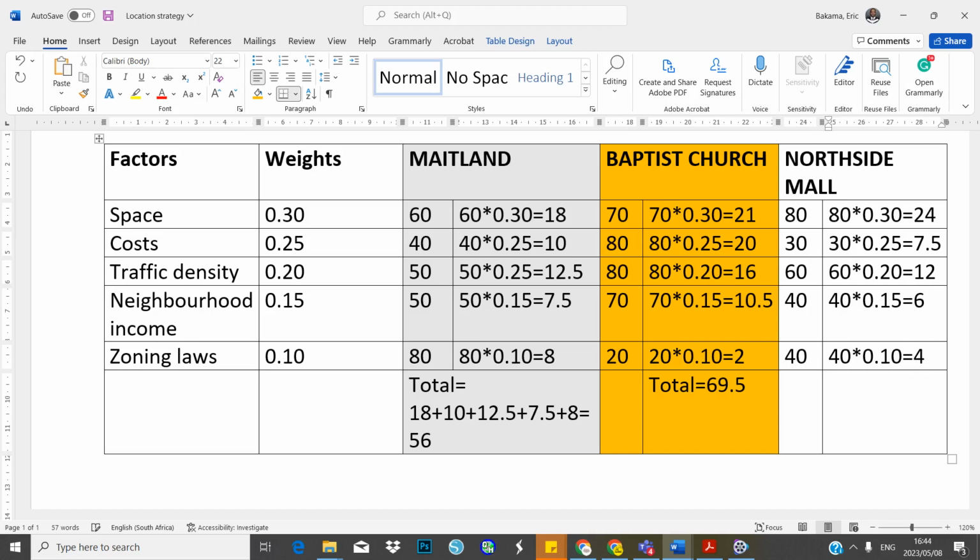Now, again, we total every value that we got: 24 plus 7.5 plus 12 plus 6 plus 4, which gives us 53.5.